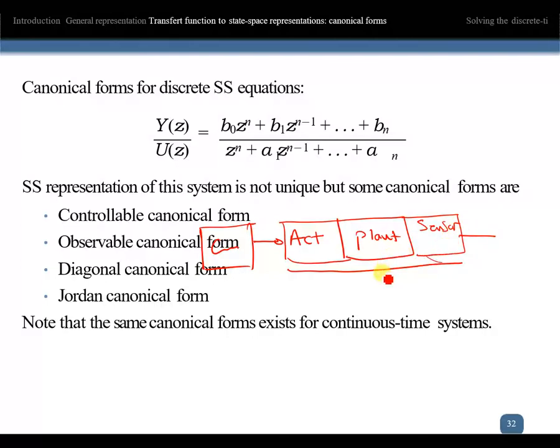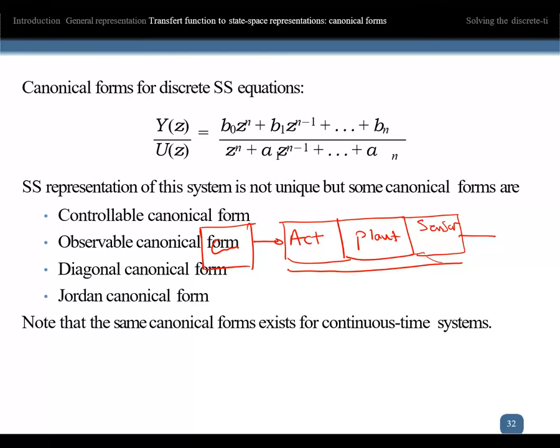And I can say the control signal which allows the system to reach any state in a finite amount of time, the name is controllable. And if all states can be known from the sensor, the system is observable.